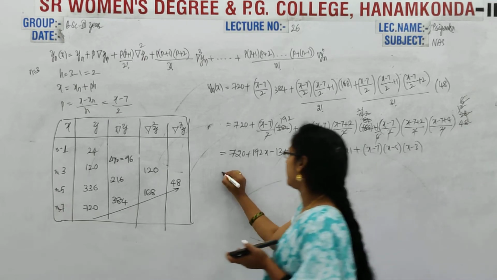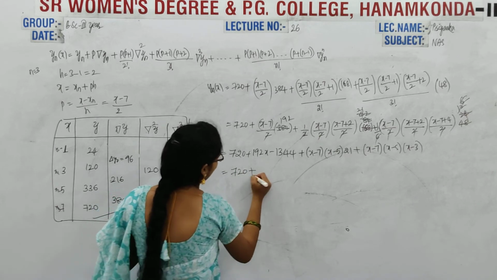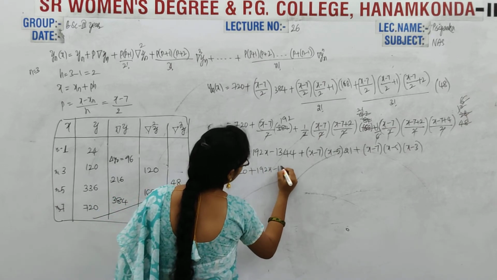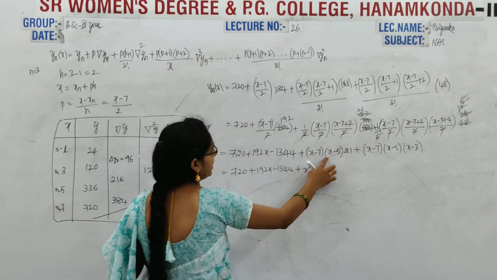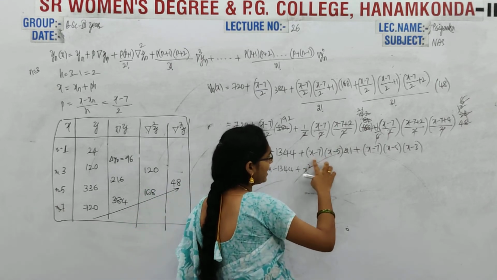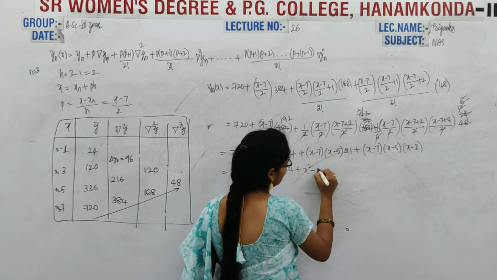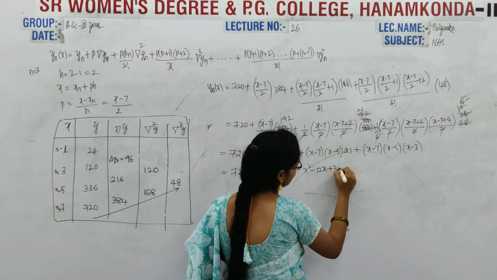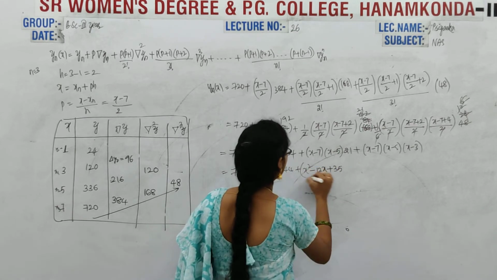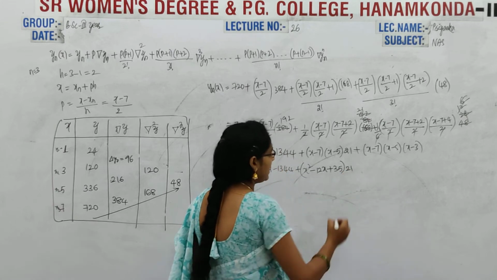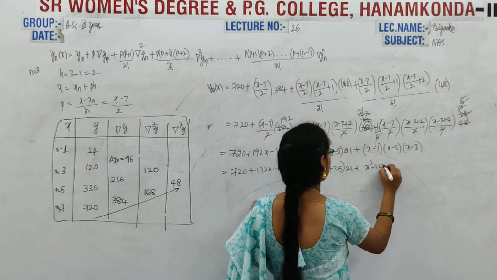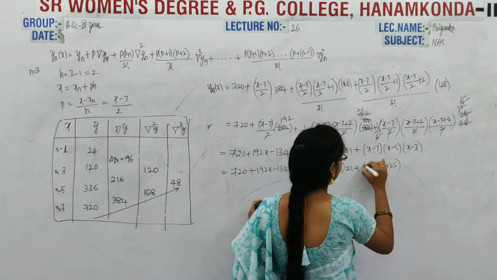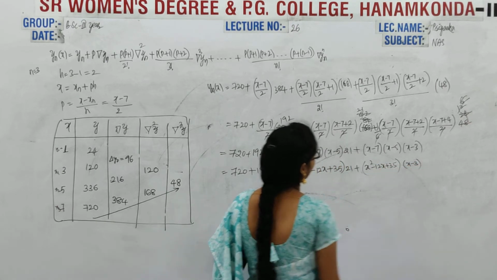Now we have to multiply it. 720 plus 192x minus 1344 plus x square, and here minus 5x minus 7x, that is minus 12x plus 35, and of course into 21 I have, plus now here x square minus 12x plus 35 into x minus 3.